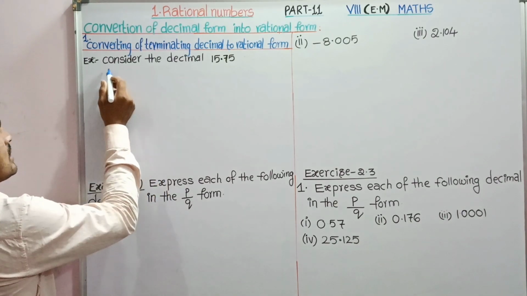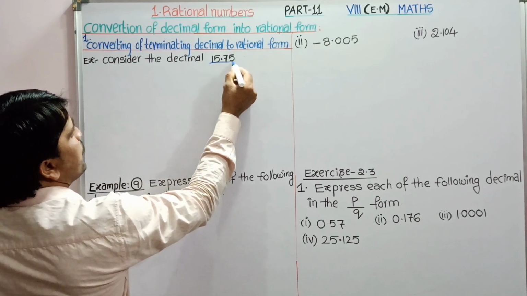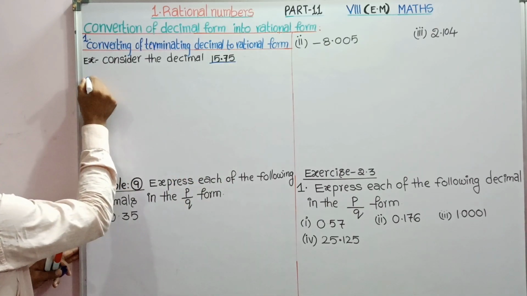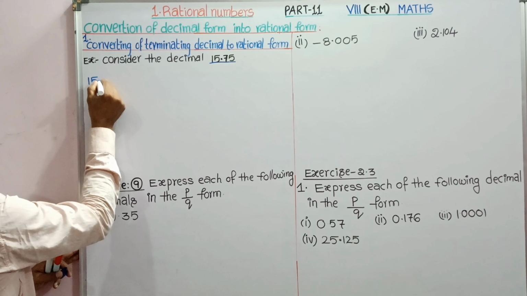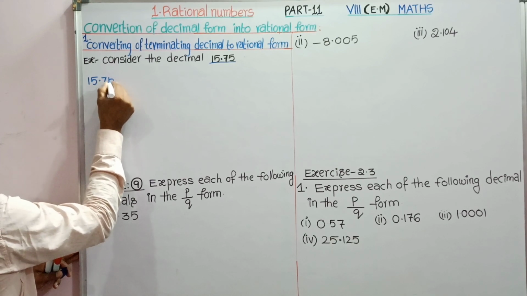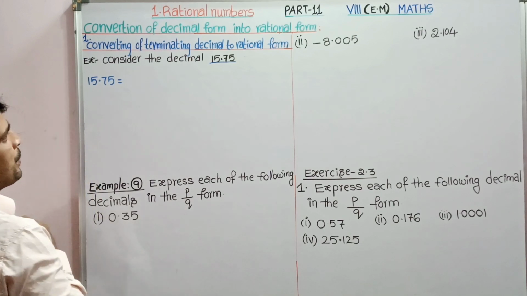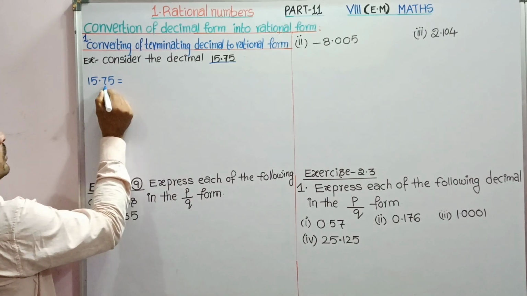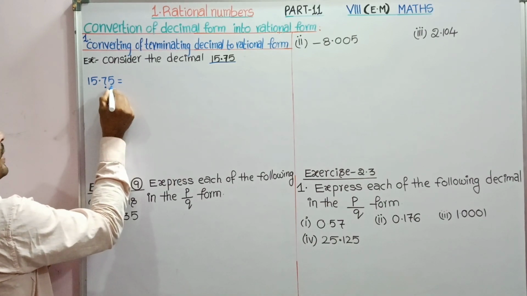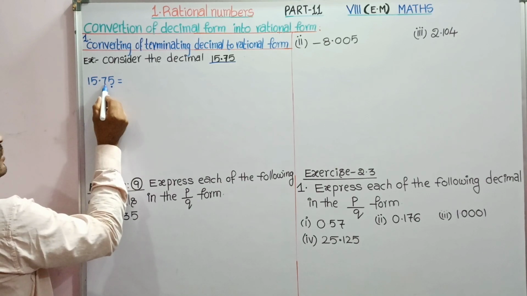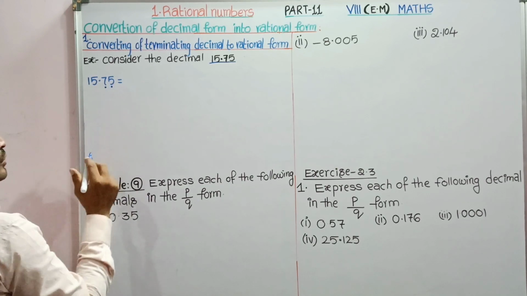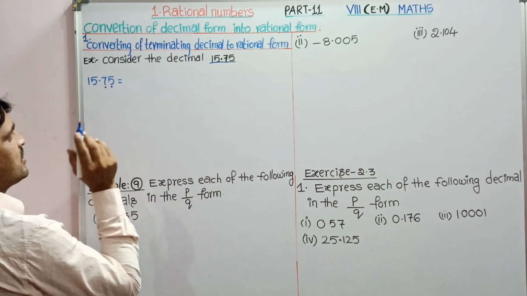For that, let us consider the decimal number 15.75. Let us see how it is converted to P by Q form. To convert it into P by Q form, first of all we have to count the number of decimal places. It has 10th part, 100th part, so it has two decimal places.